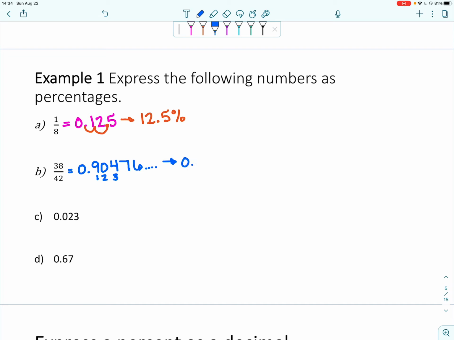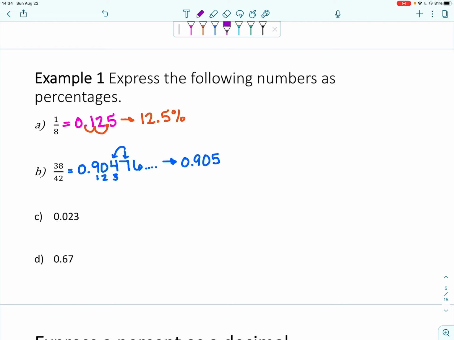So 0.904, but I'm going to look at the 7 to determine whether the 4 stays a 4 or gets rounded up to a 5. And it's going to get rounded up to a 5. So 38 over 42 as a decimal is 0.905.